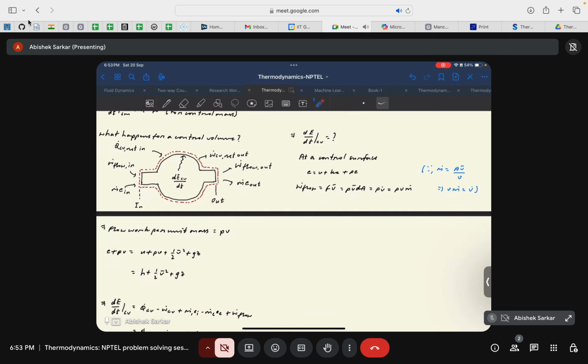Again, how this equation came, there is a detailed discussion about it in the lectures, and even if Professor Anand did not take this in the lectures, there is a very thorough discussion of this in the textbooks. It is good practice for you to know how it has been derived, and how this work done because of flow energy comes into the picture for flow systems.